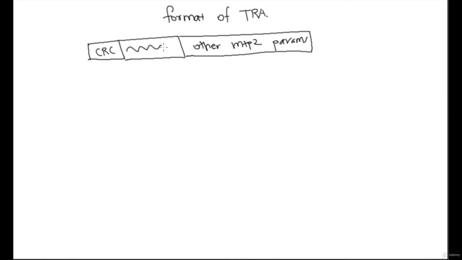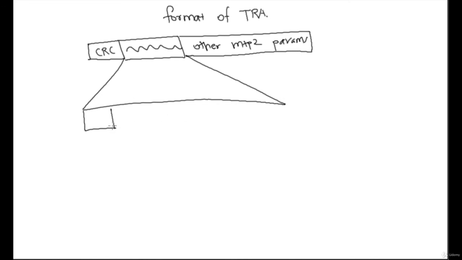This is the main core part, the MTP3 payload. So let us get into detail. It has 4 bits of H1, 4 bits of H0, and then the routing label, and then the service information.